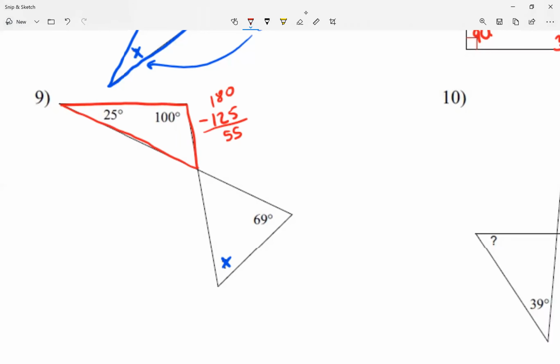So that means this third angle here is 55. Remember vertical angle theorem. When there's an X, opposite angles are equal. So I see there's an X here. So I'm going to say this angle is 55 based on the vertical angle theorem.